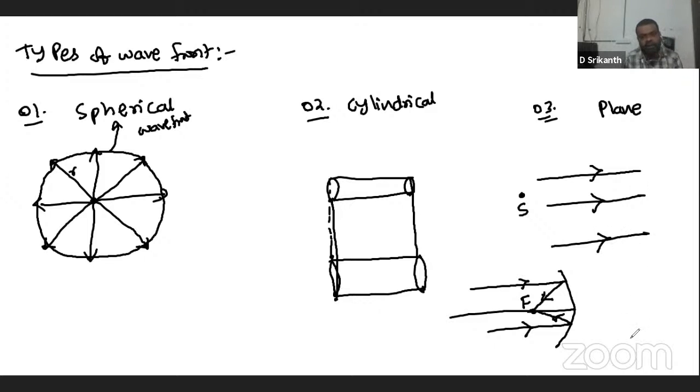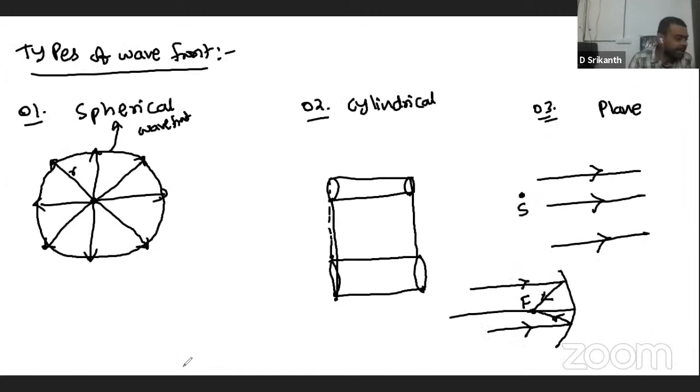Here we have the properties of the wavefront. You can see that the incident ray and reflected ray will lie in the same plane.